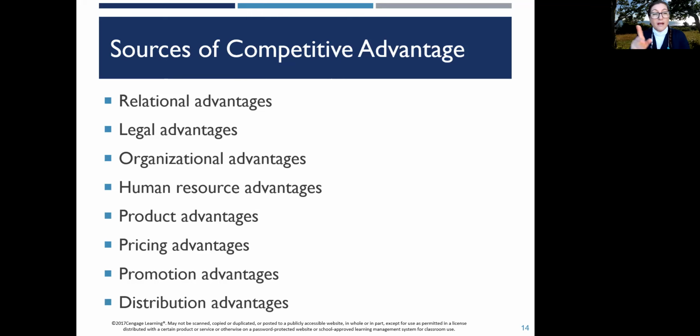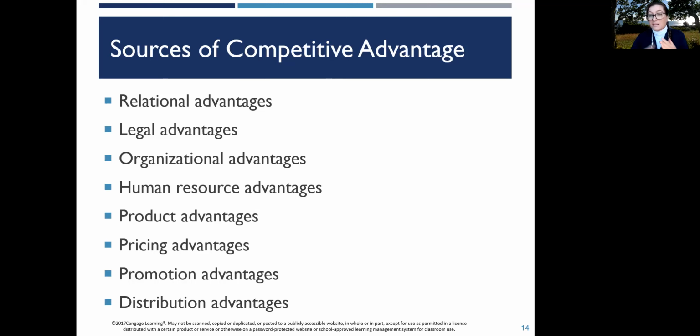Okay, well, we'll leave that there. And then legal advantages, right? So maybe we have a strong patent or a strong trademark going on. Organizational advantages, maybe our internal high-level technical knowledge is our organizational advantage. And maybe it's our people specifically that is our advantage.